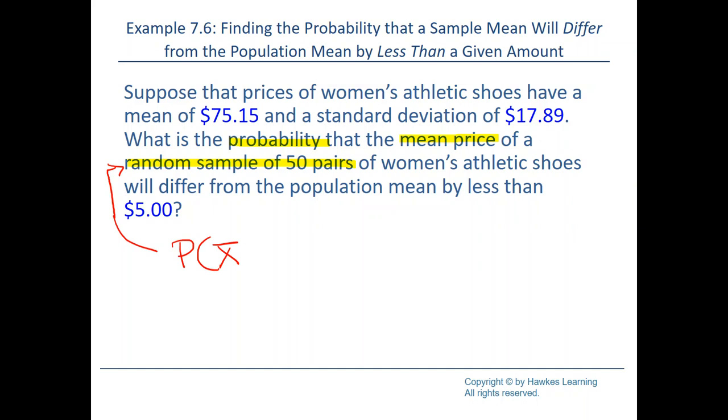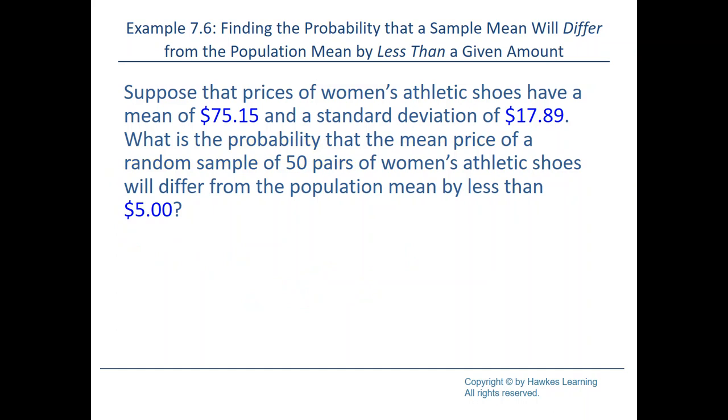So we're going to be using X bar, which means you're going to be using your standard deviation divided by the square root of n for the standard deviation of that X bar itself. I'm learning this by the word problems themselves.